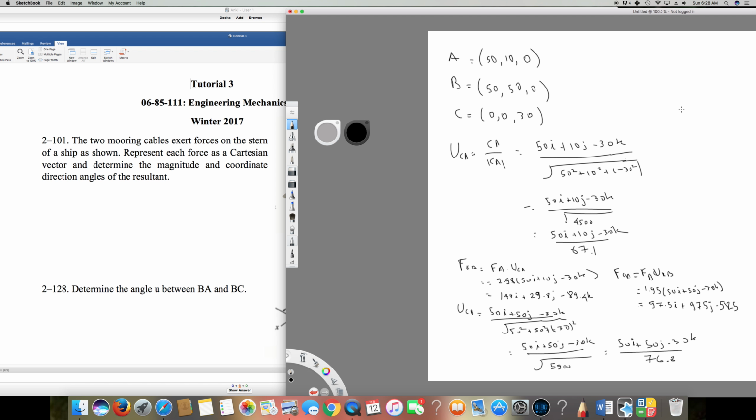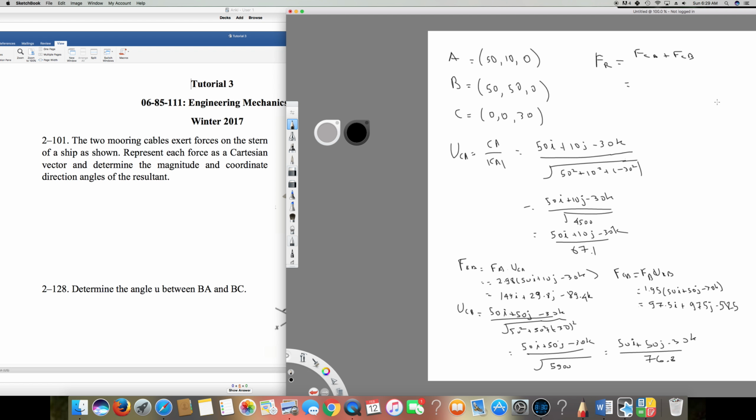So now to find the resultant force, I can simply add FCA and FCB. That's going to give me the resultant force. So FR is going to be equal to FCA plus FCB.